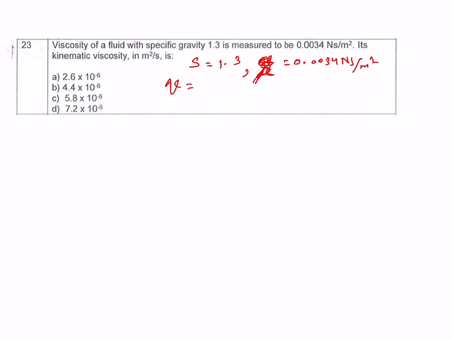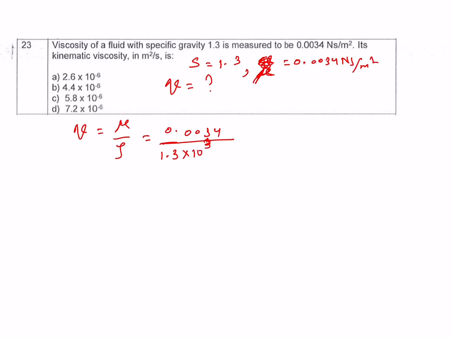You have to calculate kinematic viscosity. We know the formula, mu by rho. How much is given? 0.0034 divided by the density value, 1.3 into 10 to the power 3.